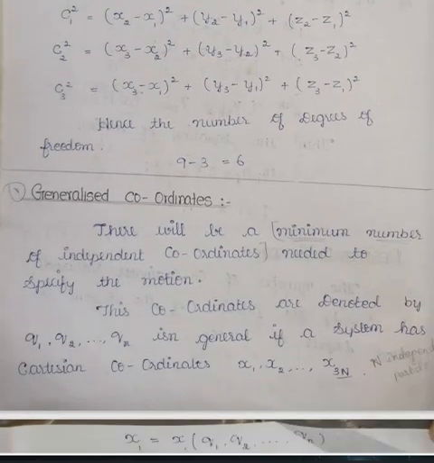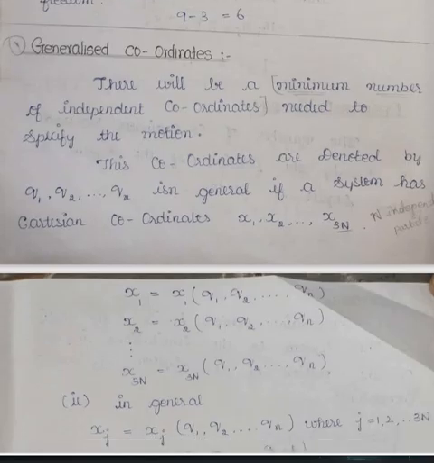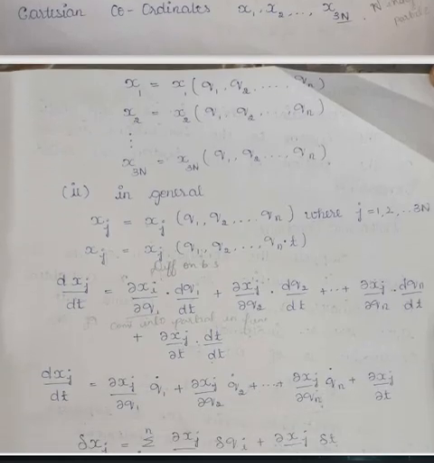Generalized coordinates. The minimum number of independent coordinates needed to specify the motion are denoted by q1, q2, etc., qn, the n generalized coordinates, if your system has Cartesian coordinates x1, x2, etc., x3n. x1 equals x1 of q1, q2, etc., qn, and so on, x3n equals x3n of q1, q2, etc., qn.